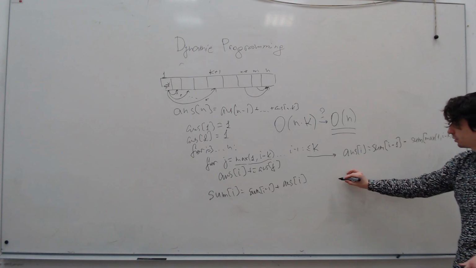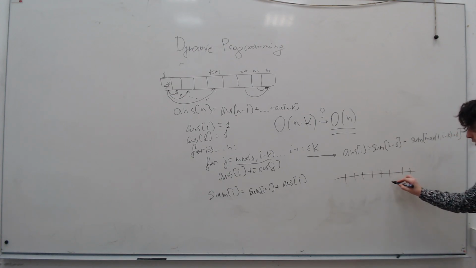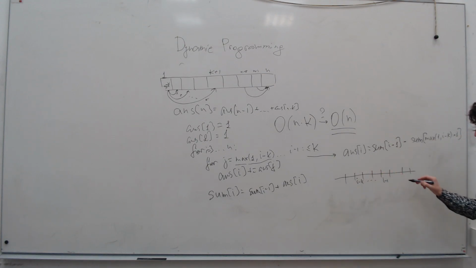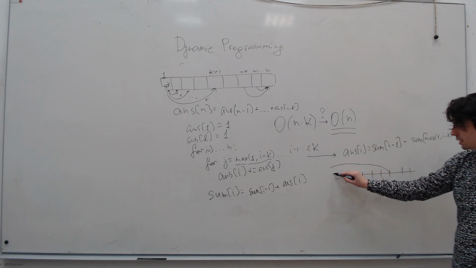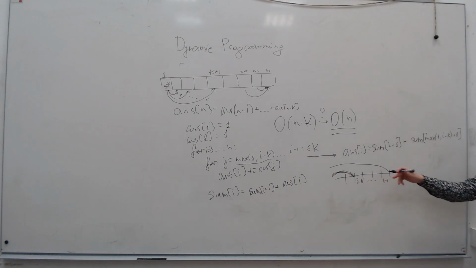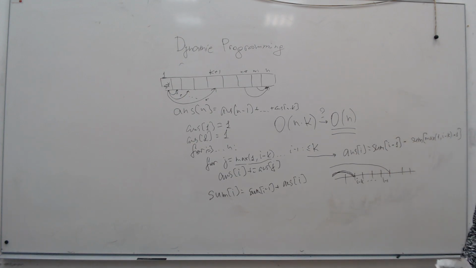If you imagine on the line, you have here i minus 1, and here i minus k. You take the sum of everything up to here, minus the sum up to here, and then you will get exactly the sum of all the elements in between. That's it. Nothing very complicated.